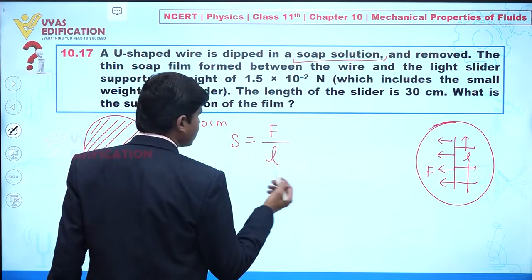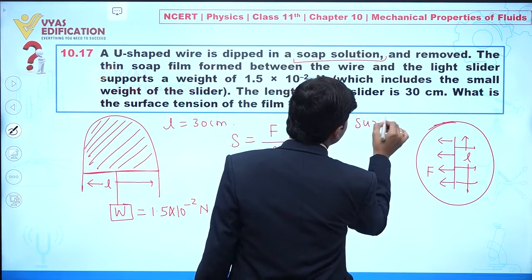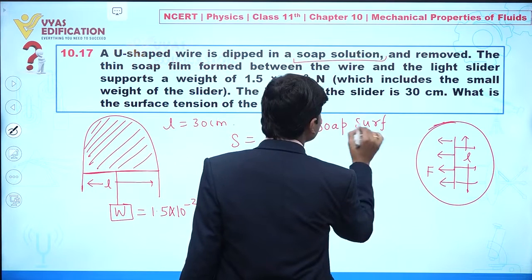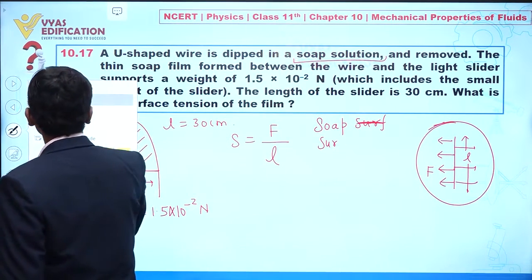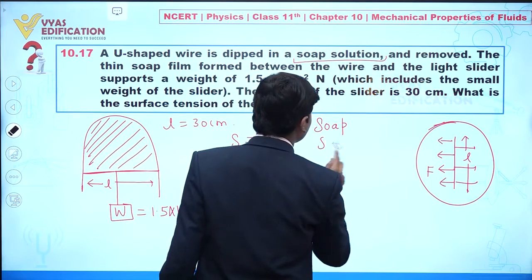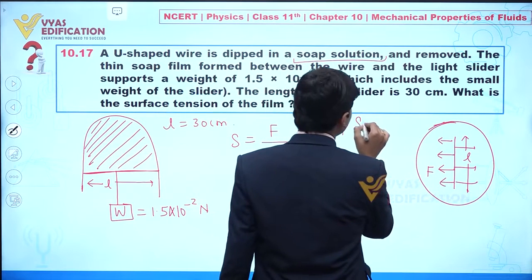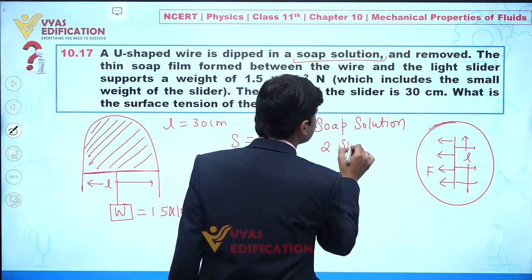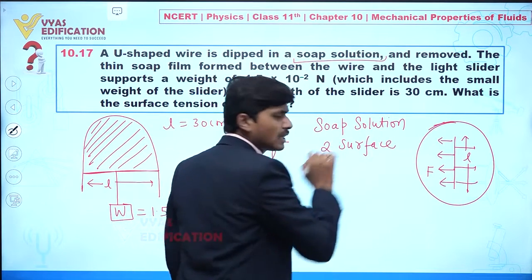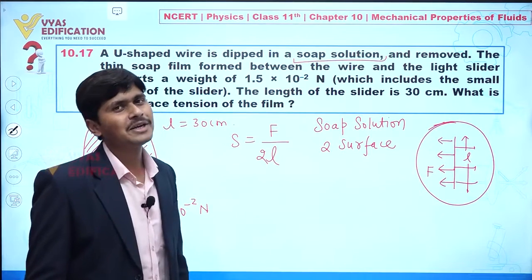The concept is very simple: soap solution has two surfaces. So we can write S equal to F by 2L.